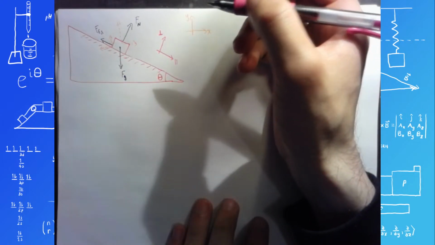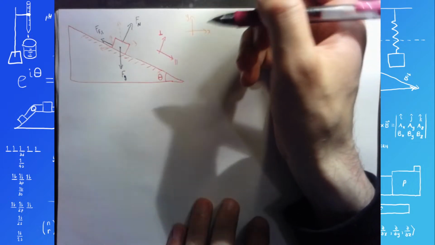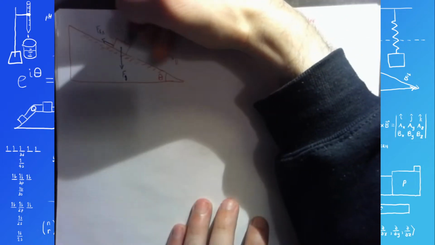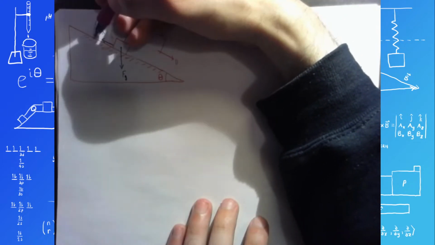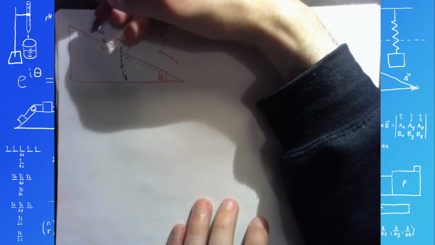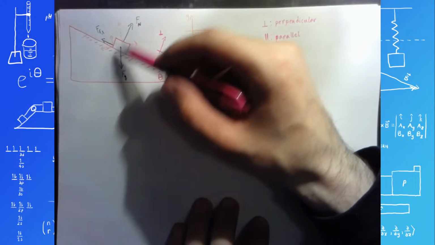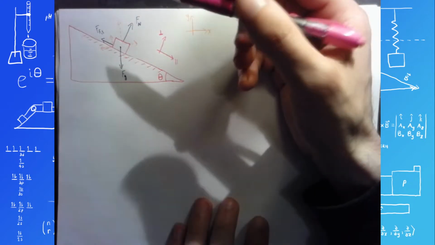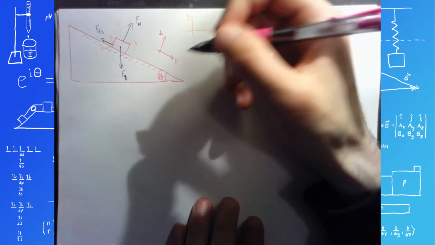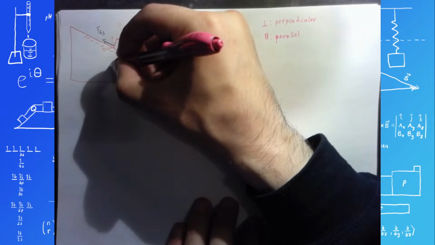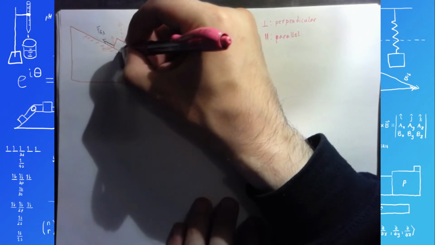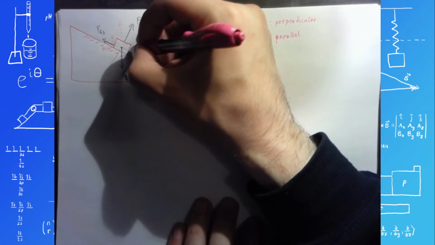The point is, if we adopt this new coordinate system, now we already have our force of friction along one of our coordinates, and we already have our normal force along one of our coordinates. Now it's only the force of gravity that needs to be broken into components, and the force of gravity can be broken into components that will look like this.